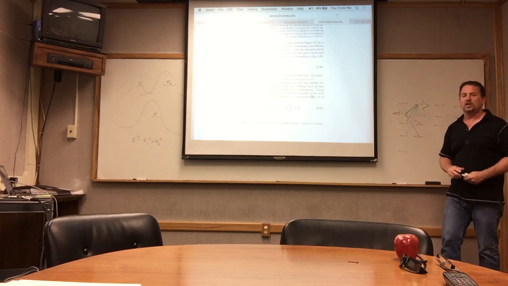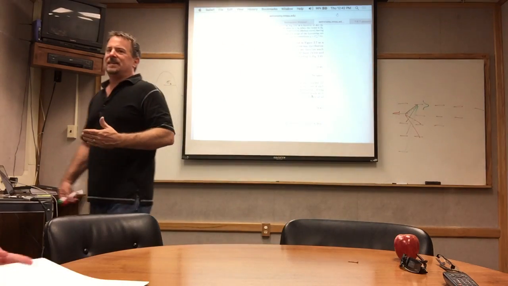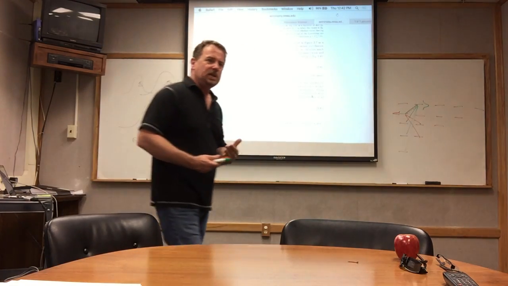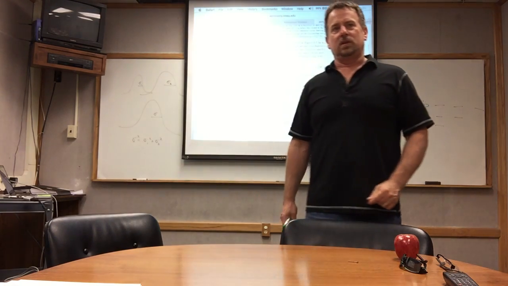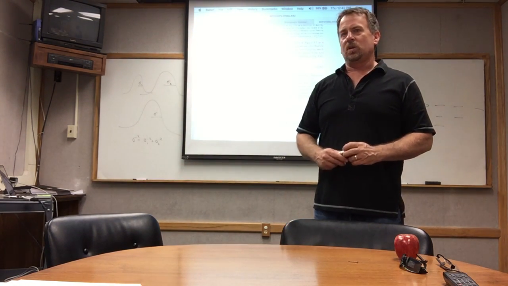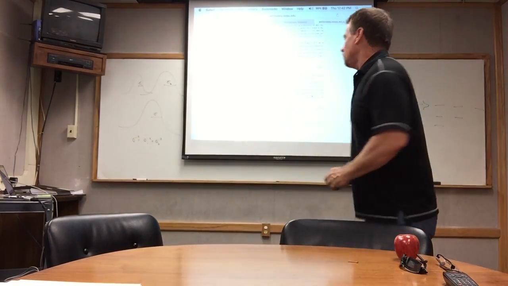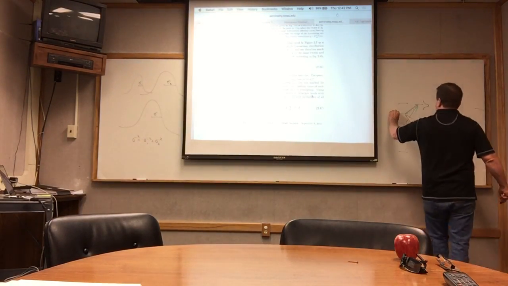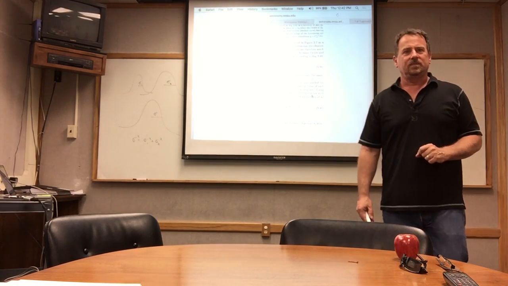But if there's a photon field, the e-folding times will be decreased because a photon could come in and induce a transition downward, therefore shortening the e-folding time, therefore increasing the width of that energy state. Okay?